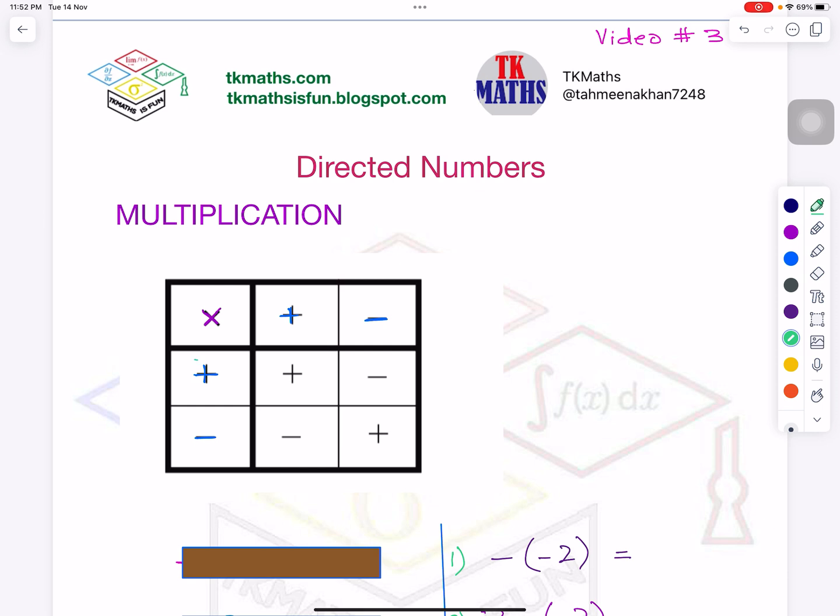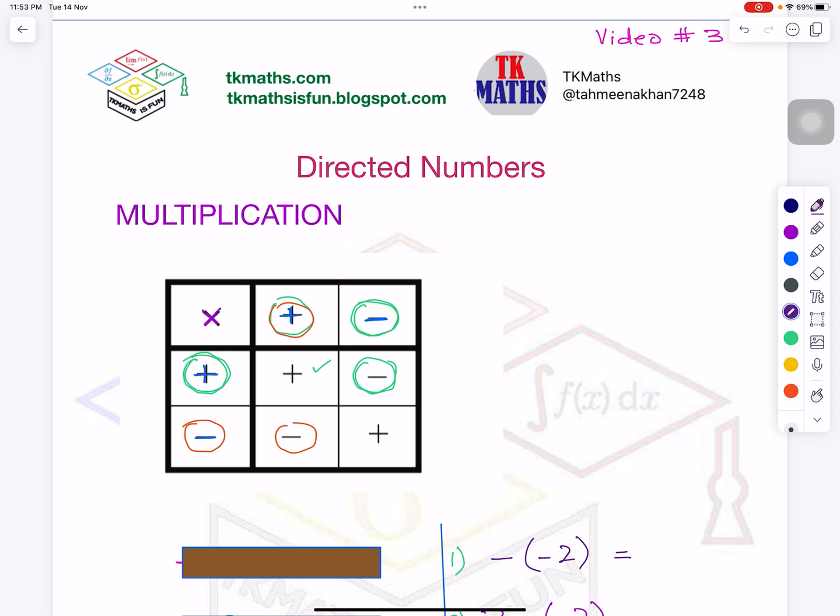So you multiply plus with plus and the answer is plus, which means plus multiplied by plus is equal to plus. Now if you do plus multiplied by minus, the answer will be minus. Similarly, if you do minus multiplied by plus, the answer is minus.